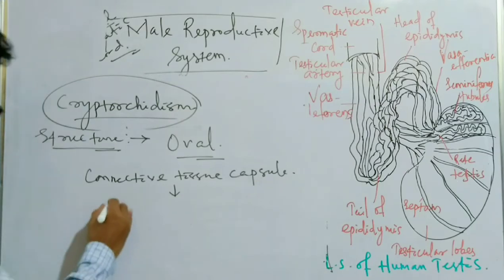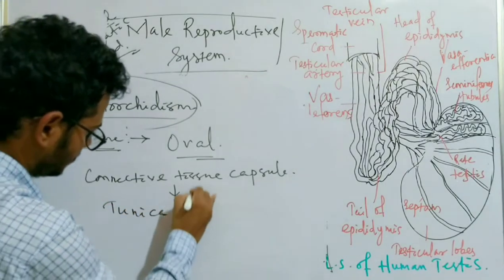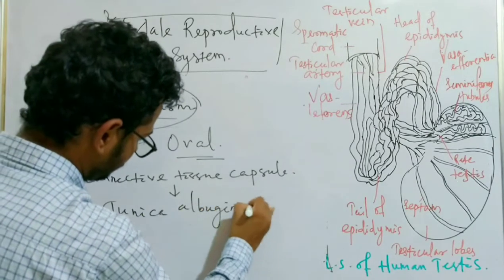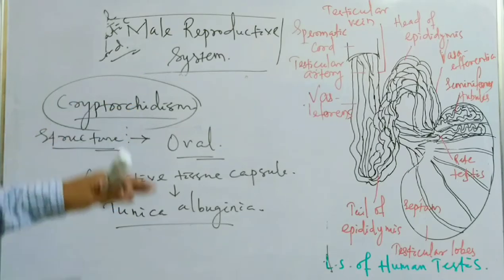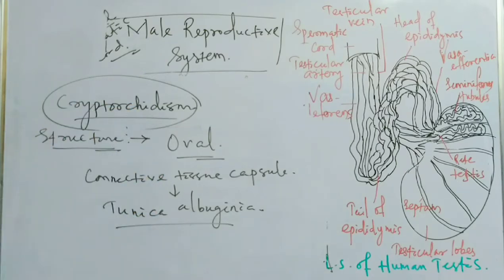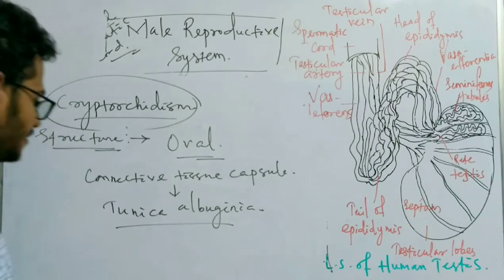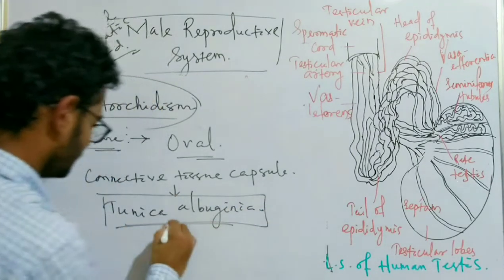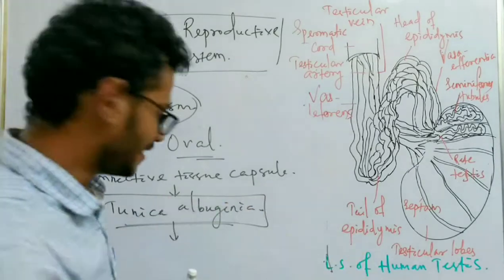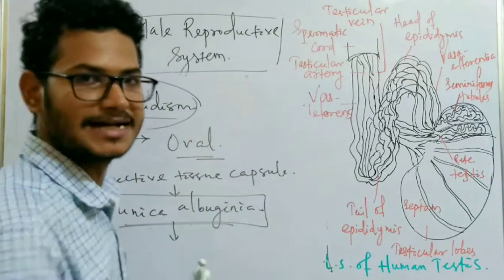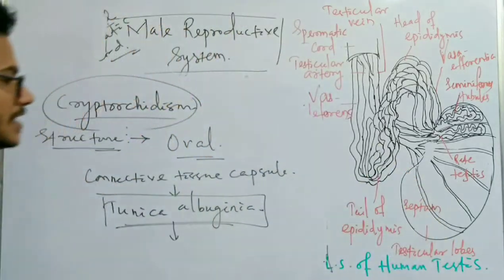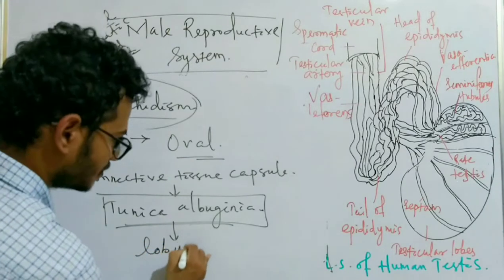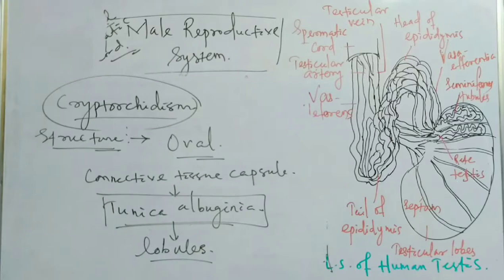It surrounds the testis and extends inward to form septa, which pass to the inner side of the testis, separating the testis into different lobules.